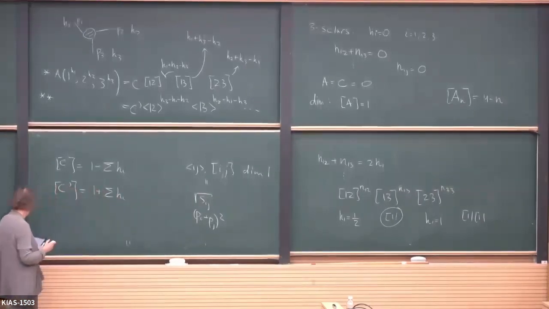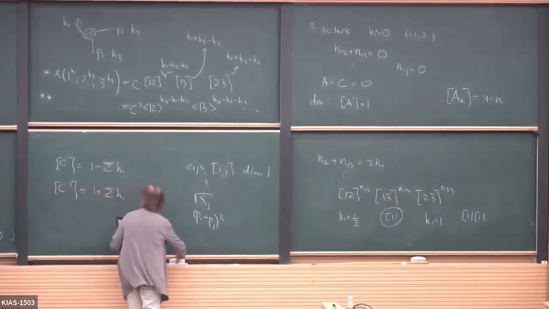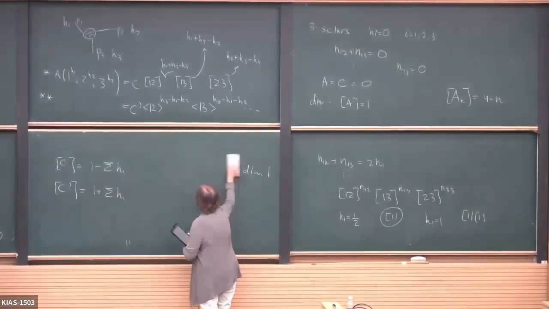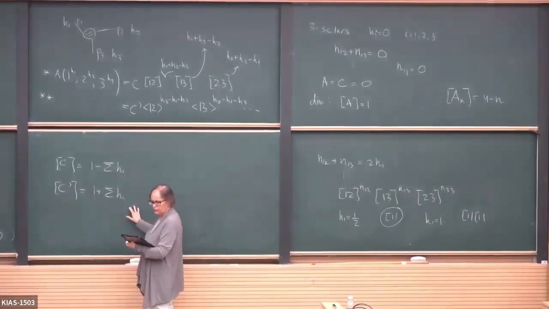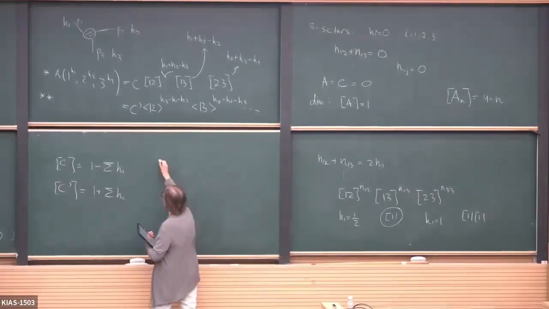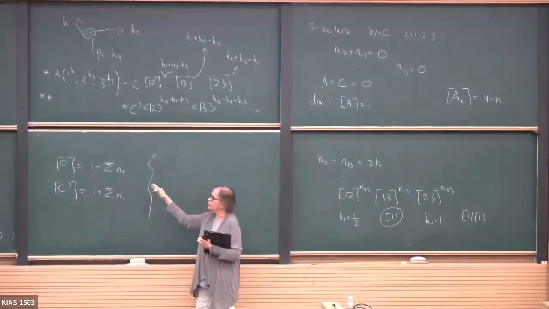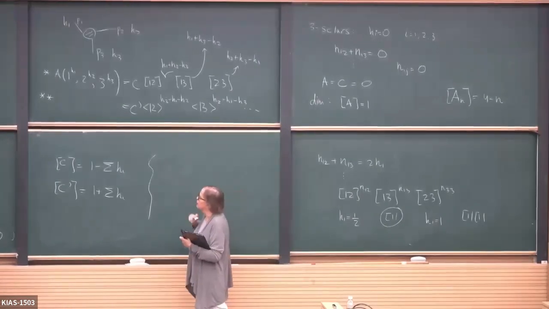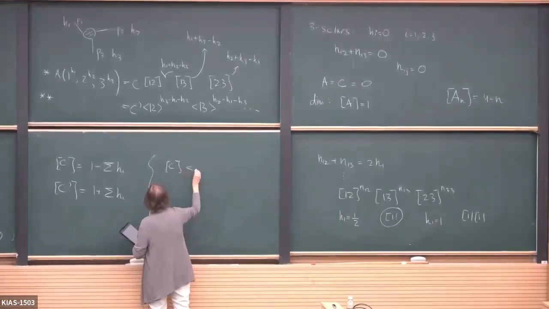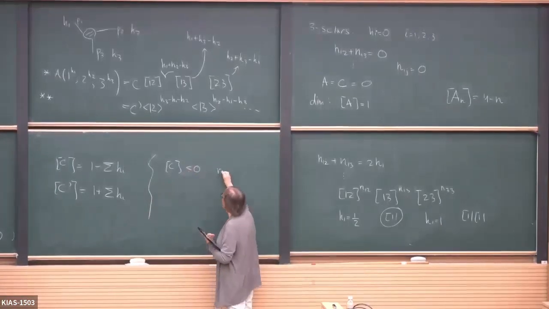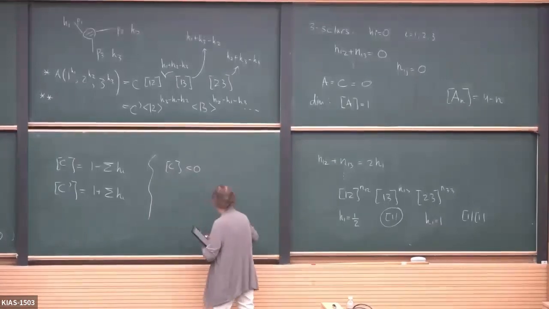So you see what's going on. We have the dimension of C and we have the dimension of C prime. Now, C was just some coupling sitting in front of this kinematic structure. If the dimension of C is negative, then it means that it's some non-renormalizable interaction.